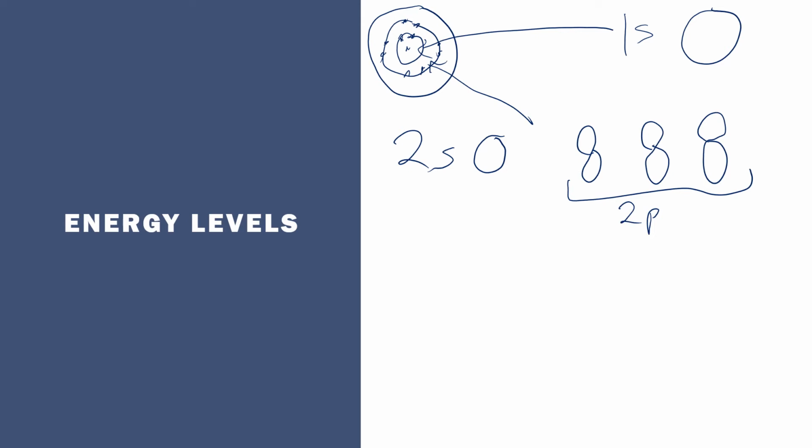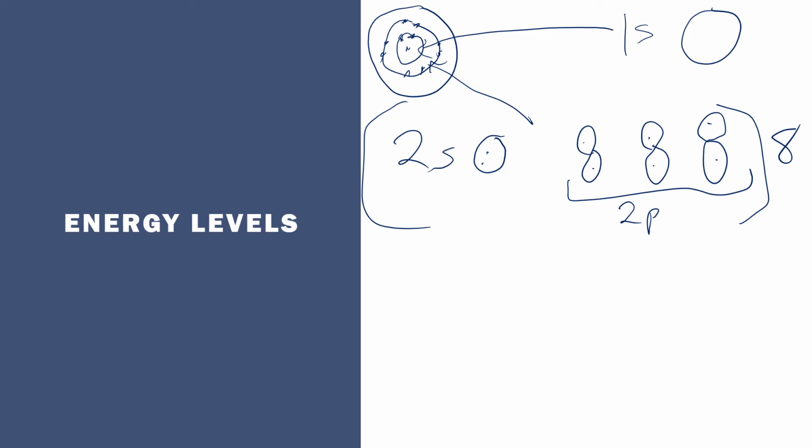And each one of those can hold 2 electrons total. So you wind up with 8 electrons total because there are 4 shapes. So 1, 2, 3, 4, 5, 6, 7, 8. And again, they can move anywhere within that 3D shape. This one electron isn't confined to that end of the orbital, but it's just nice to illustrate it that way. So you wind up with 8 electrons in that second energy level.